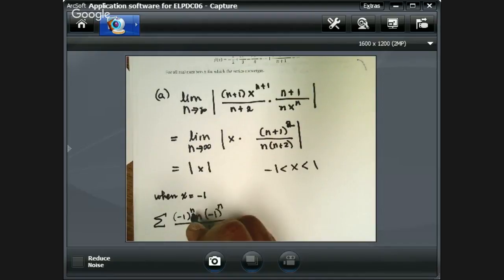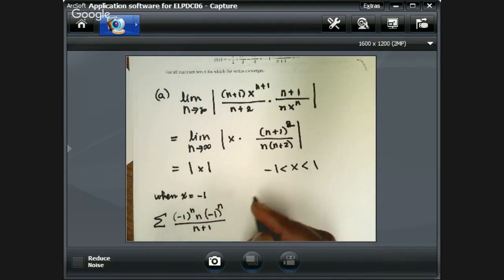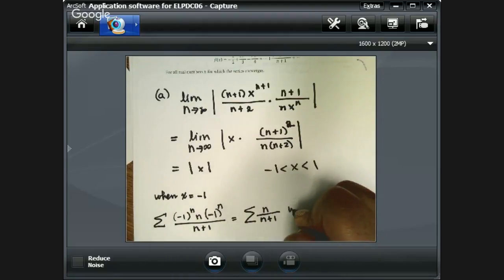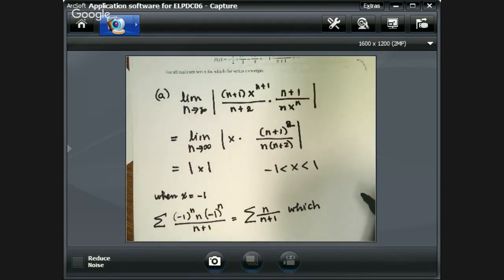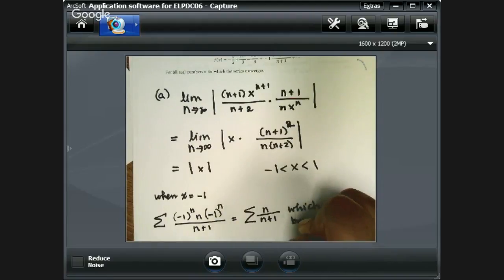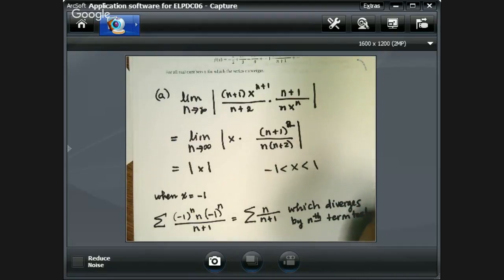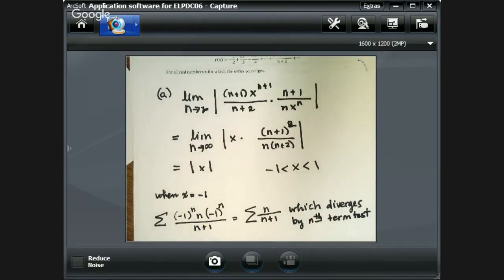And -1 to the n times -1 to the n is 1. So that's really n over n plus 1, which, do you know? Look at it real quick. It diverges by nth term test. I'll take the limit as n goes to infinity of that nth term. That series diverges.